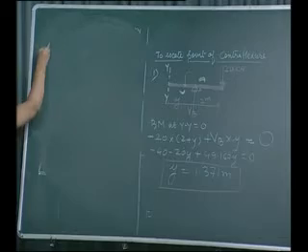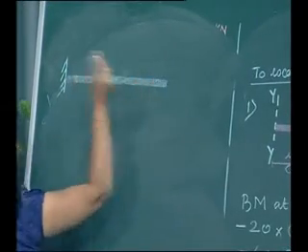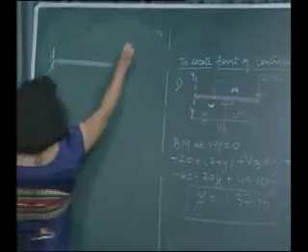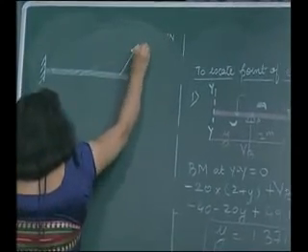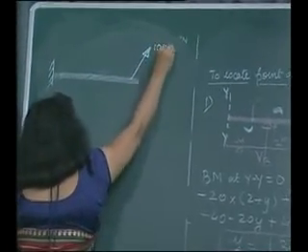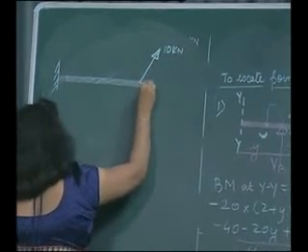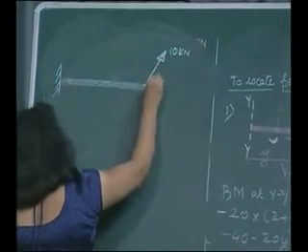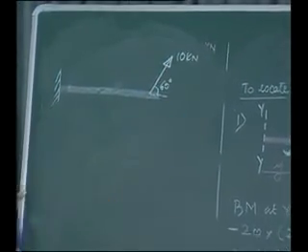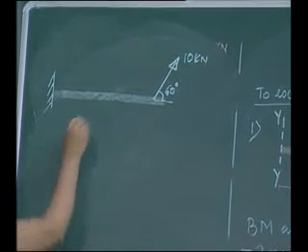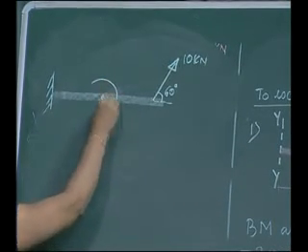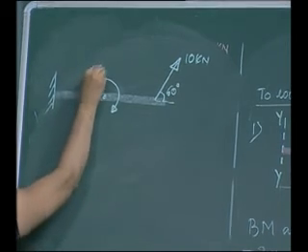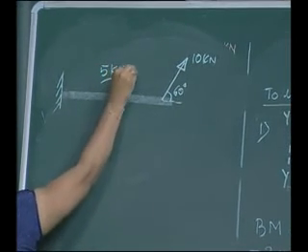So this is a cantilever beam and it is subjected to inclined load of intensity 10 kilonewtons, and it is inclined at an angle of 60 degree with the horizontal, and there is one couple acting, okay, of intensity 5 kilonewton meters.